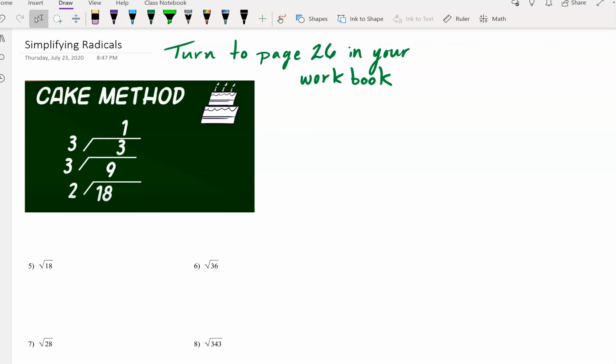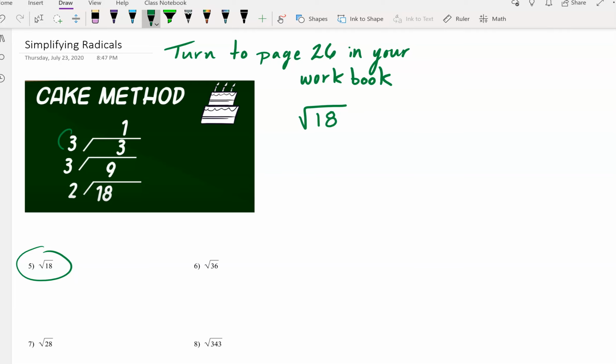So in the video you saw this cake method of doing a prime factorization, which is really, really cool. And on page 26 you see the square root of 18 is our first example that we're working with. It's actually number 5 on your workbook page. But to take the square root of 18, one of the best ways to start is to actually have the prime factorization.